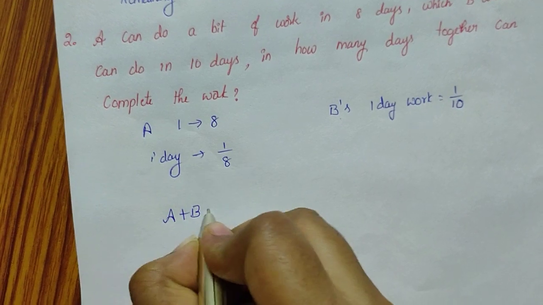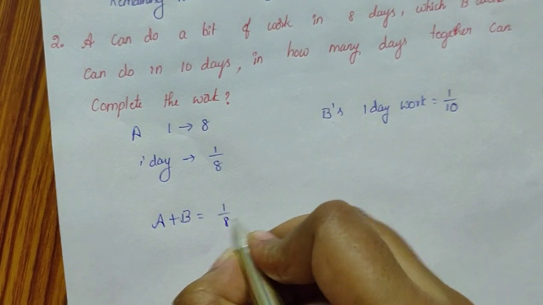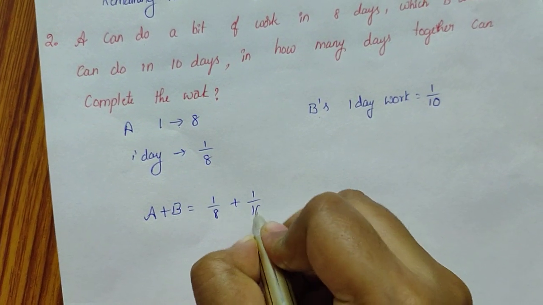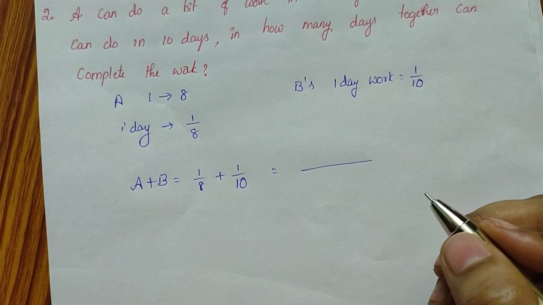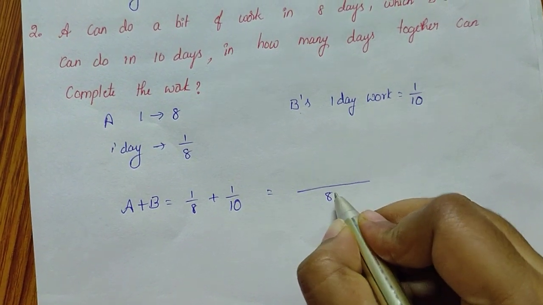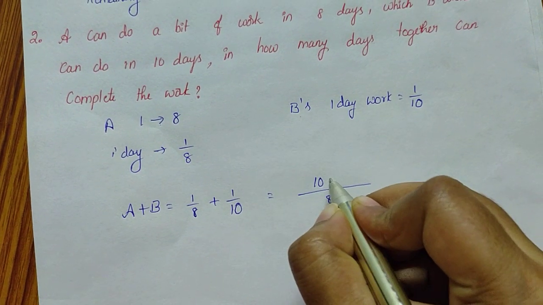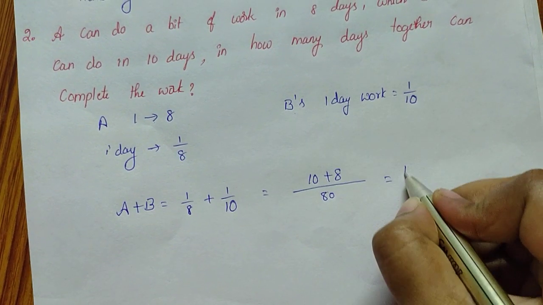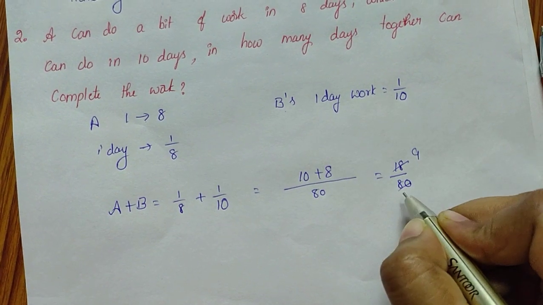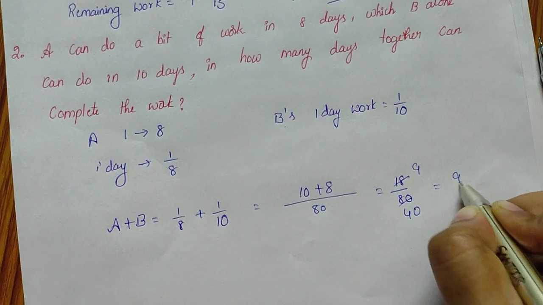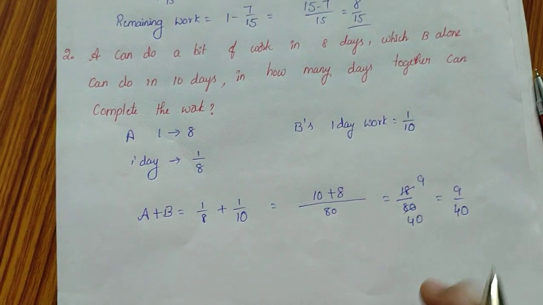A plus B is equal to 1 by 8 plus 1 by 10. So here the LCM is 80. So 8 tens, 10 eights, 18 by 80. So 2 nines, 2 40s, 9 by 40.